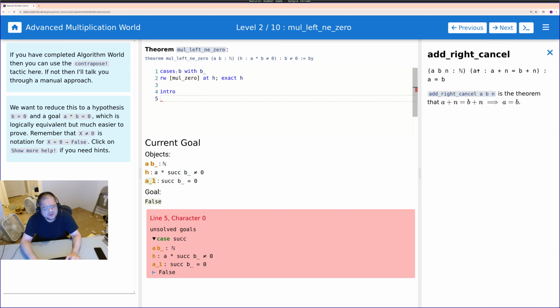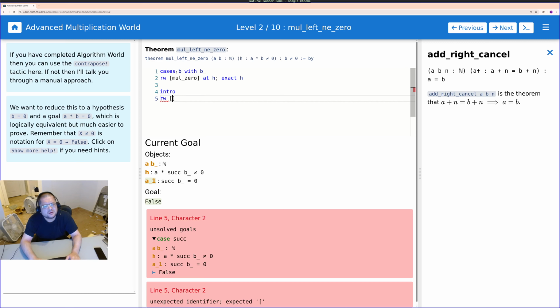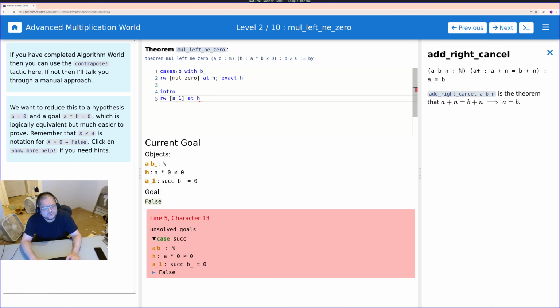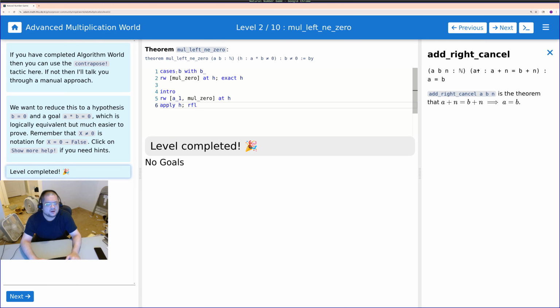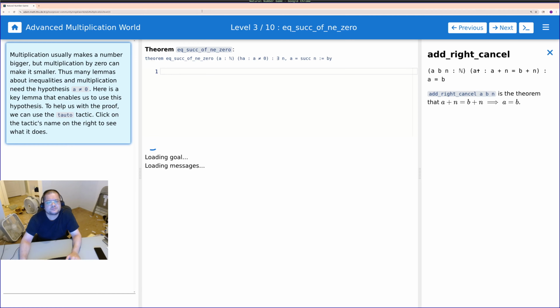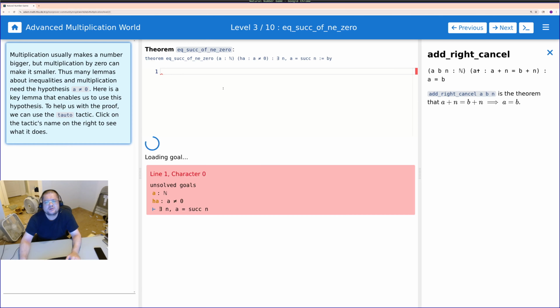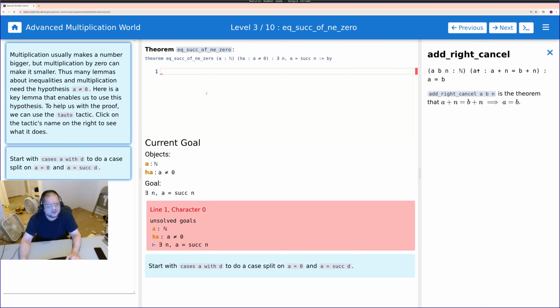So now, if successor of B is equal to 0, we can rewrite, okay, and then so we have 0 equals 0, and then apply, great, successor of B underscore not equal to 0.